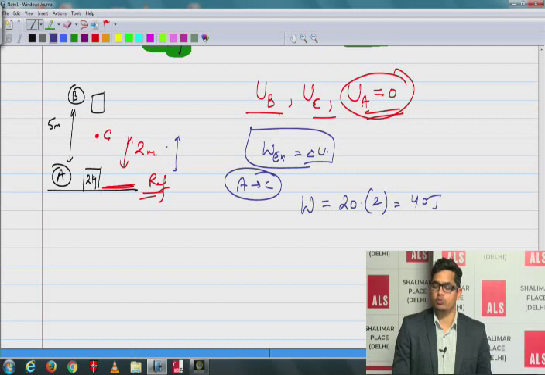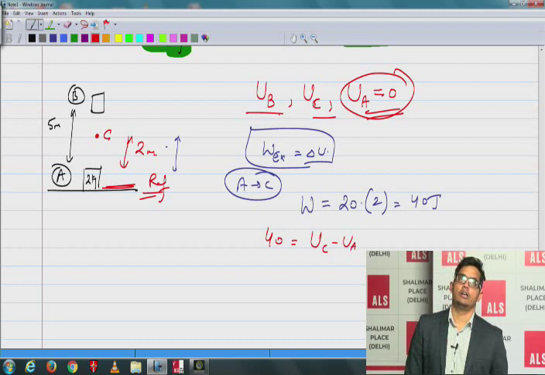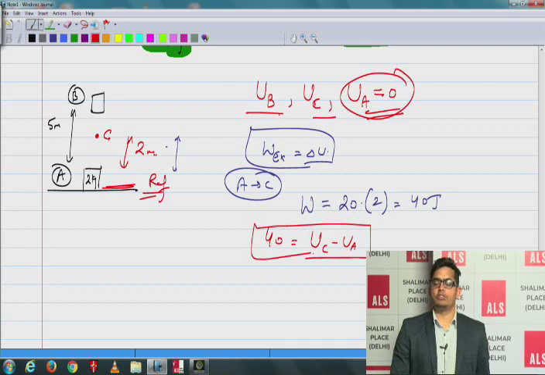So 40 joules. According to the work energy theorem, this 40 joules is equal to UC minus UA, isn't it? Work done by external force equals change in potential energy. So 40 joules of work is equal to UC minus UA, and we are assuming UA is 0. That would mean UC is equal to 40 joules.